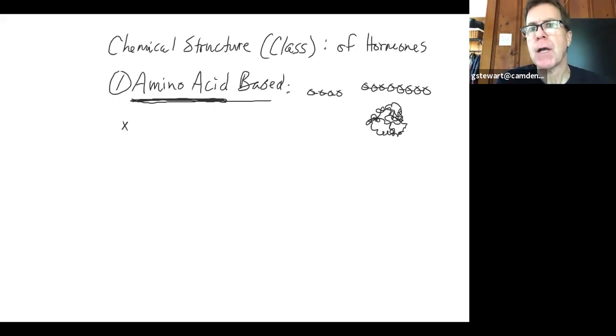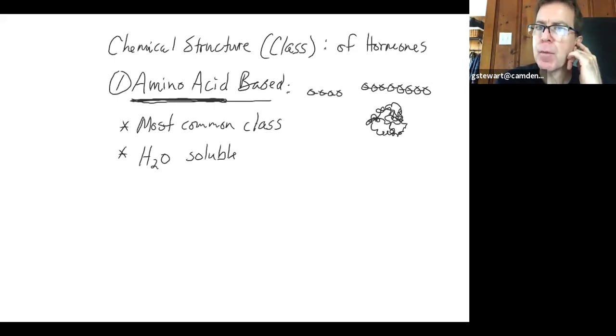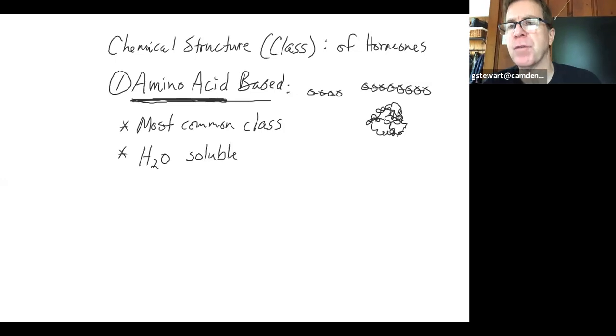These are the most common type of hormone in the human body. So I'm going to put most common class based on chemical structure. And they are also water soluble. That's going to be important when tomorrow I describe how these hormones behave when they get to their target site.